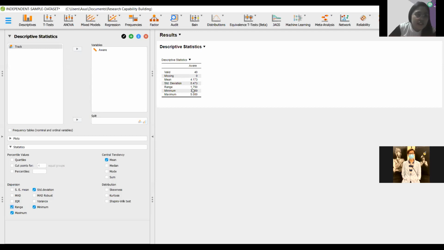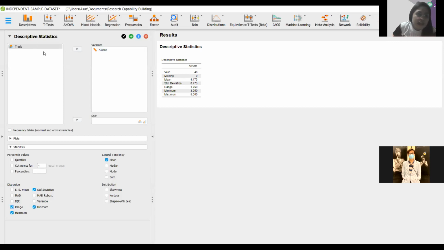So the process of doing that in the JASP is not really difficult. It's just that sometimes the laptop will lag when it can't handle it. The application is rather heavy. But nevertheless, the standard deviation is also found here under the descriptives.